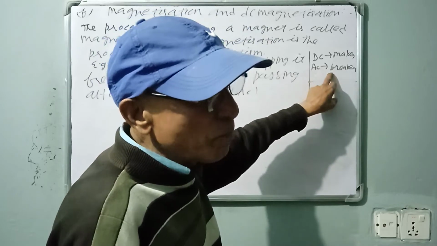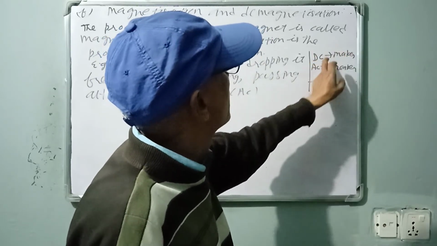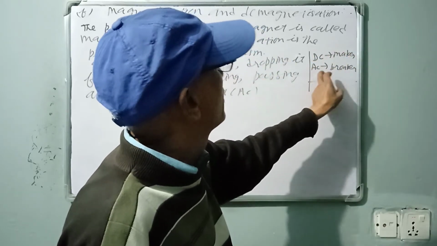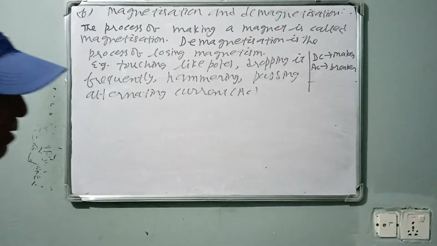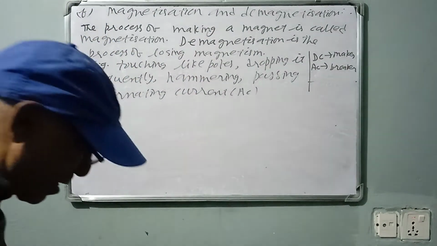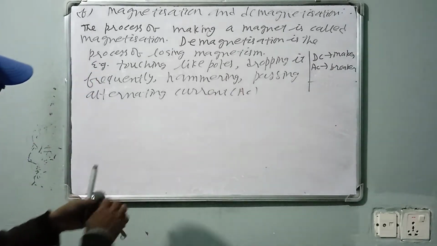the magnetism breaks. DC maker, AC breaker. You have to understand this.